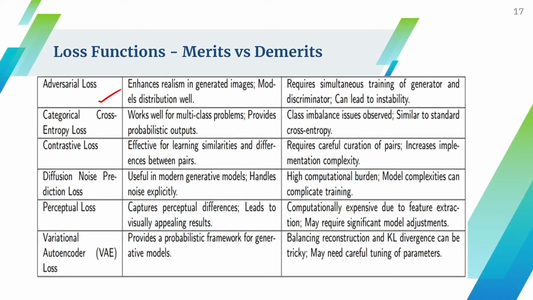Now, moving on to the other methods we come across for all the image oriented applications, the adversarial loss method is very important, and it actually enhances the generated images very much. The disadvantage we can think of is that it can sometimes lead to instability, and the categorical cross entropy method is very much applicable to multi-class problems, and actually it raises some class imbalance issues.